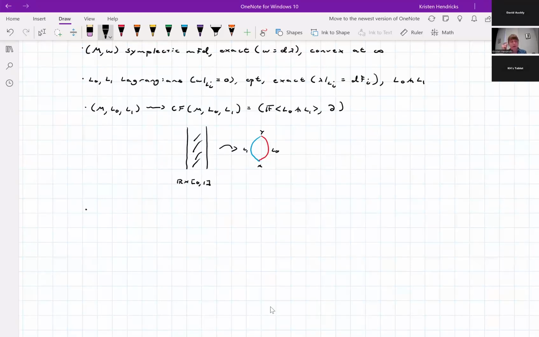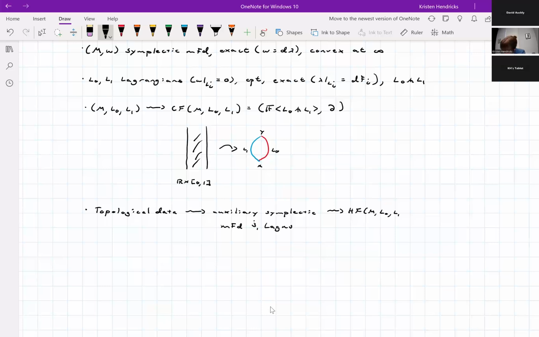So this construction has been a source of lots of non-classical topological invariants. We've got a bunch of invariants that fit into the picture where we take some topological data, we use it to construct an auxiliary symplectic manifold and Lagrangians, we take the Lagrangian Floer homology, and we show that what we get out is an invariant of the original topological data.